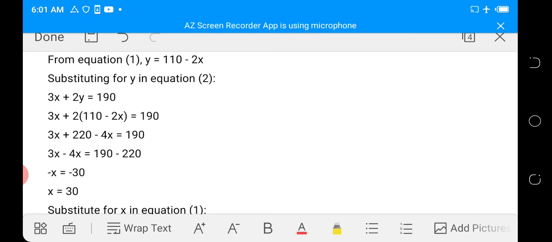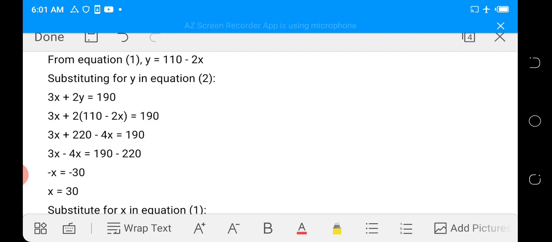My equation 2 is 3x plus 2y is equal to 190. Substituting for y, I have 3x plus 2 into bracket 110 minus 2x is equal to 190. The expression in the bracket replaces y.